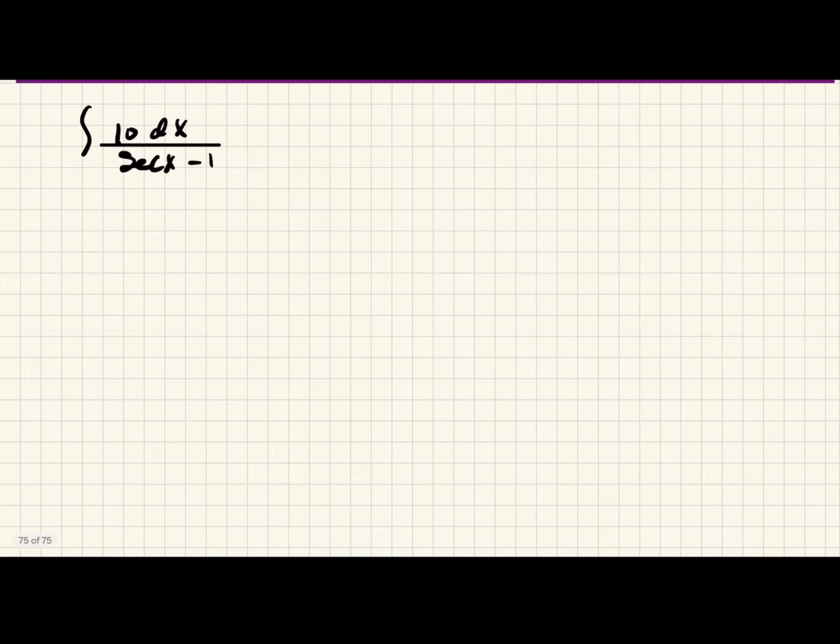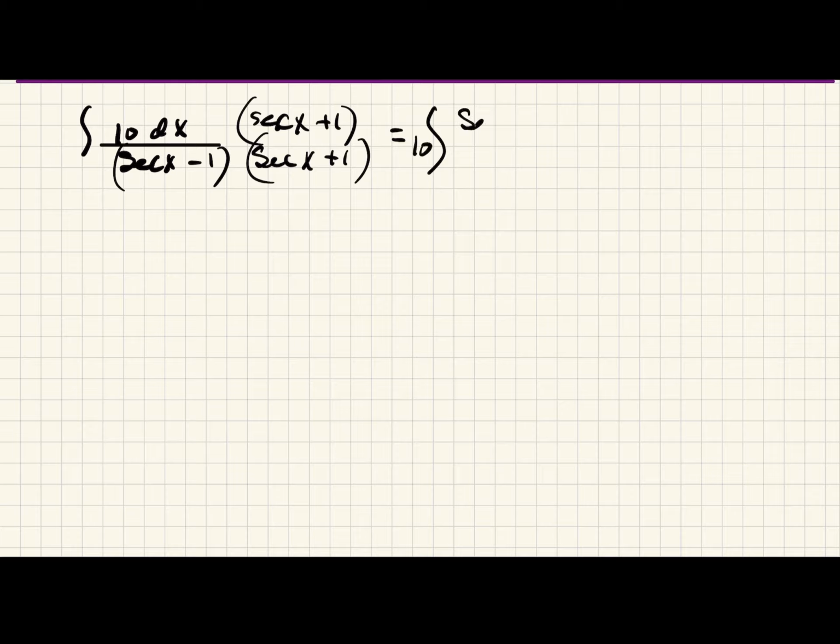I think if we were to multiply the top and bottom by secant x plus 1, what we wind up with is the integral, I'm going to put the 10 out front, of secant x plus 1 over secant squared x minus 1 dx.